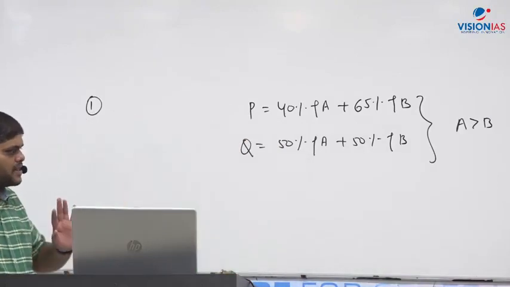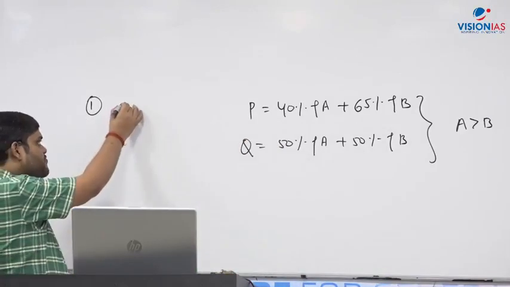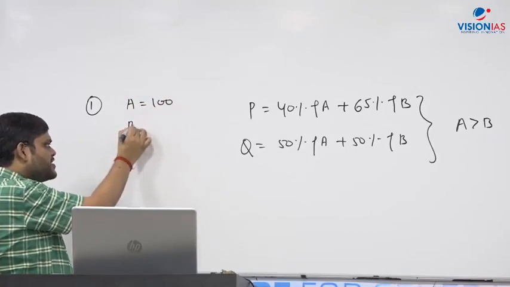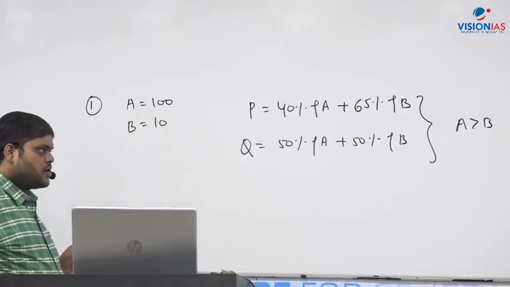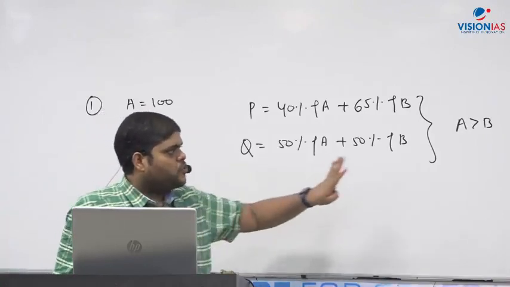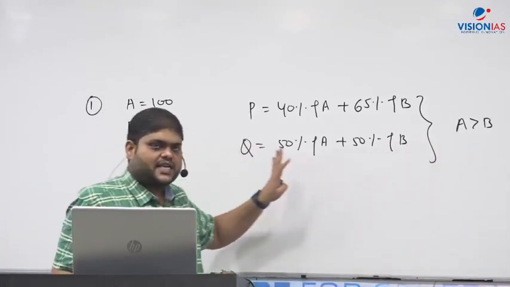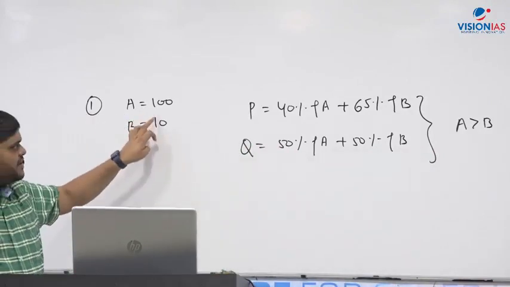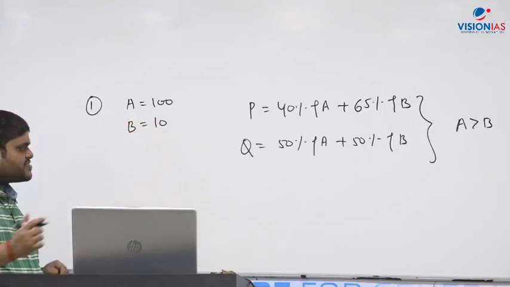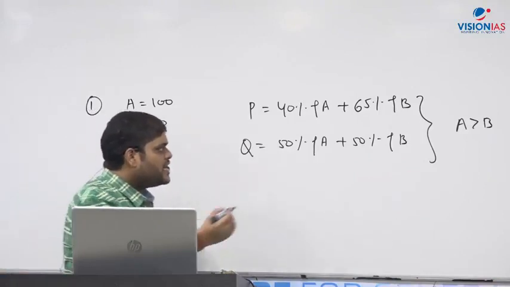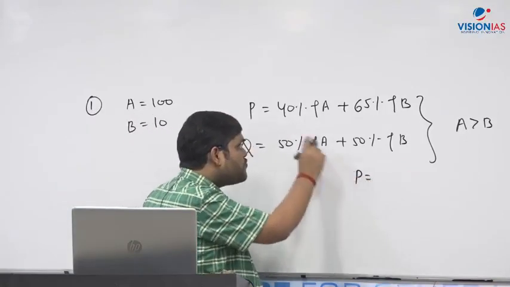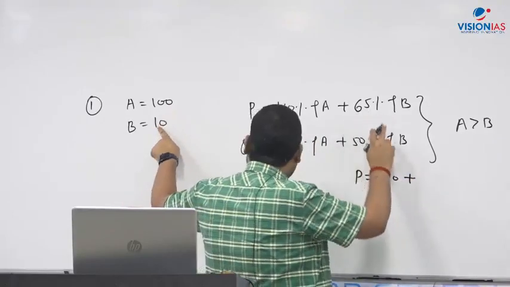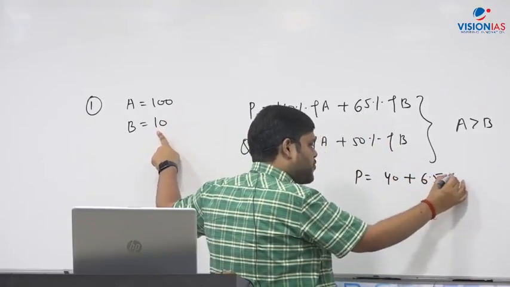For example, let's take the first case: A is equal to 100 and B is equal to, suppose, 10. The condition A is more than B is satisfied here. Let's find the value of P. P will be 40% of A, that means 40, plus 65% of B, that means 6.5.